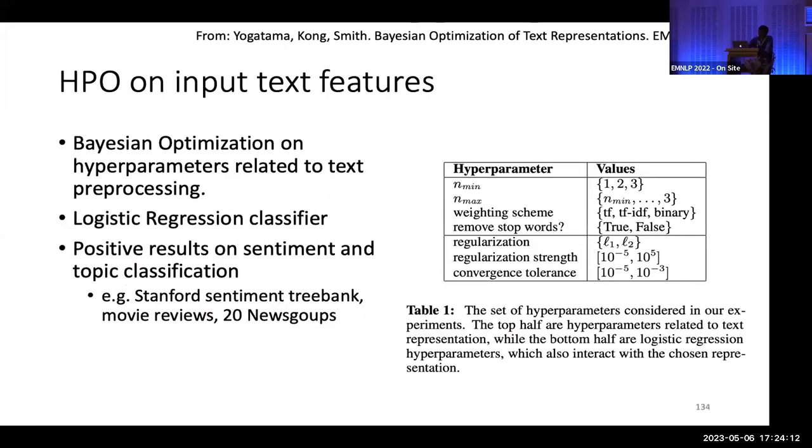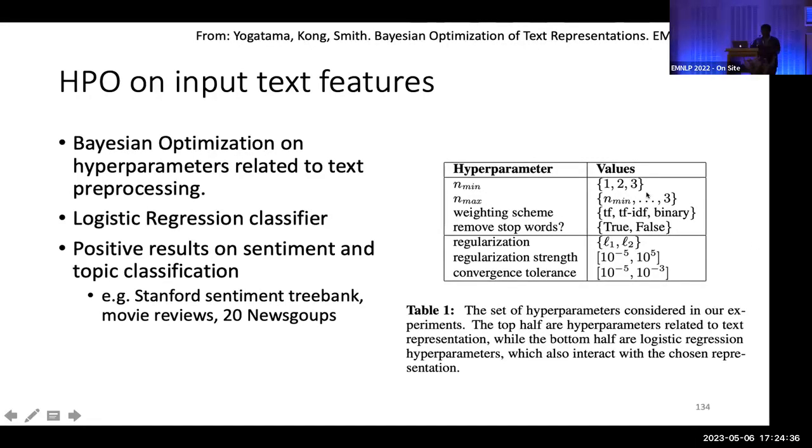Okay, so this is one of the first papers I found on HPO for NLP. Yogatama et al. looked at different hyperparameters on input text features. This is back in the pre-neural days, actually.